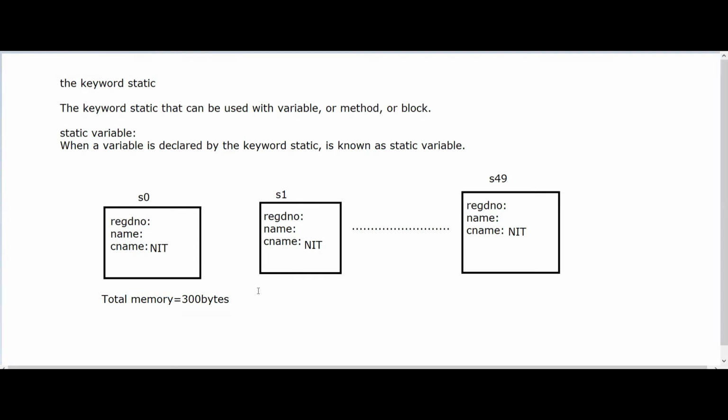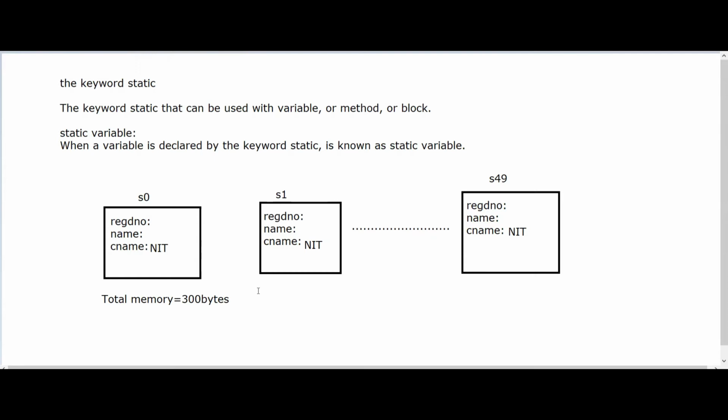So individually 300 bytes of memory is reserved for the assignment of the value NIT. This is the general concept: the property college name is common to all objects.